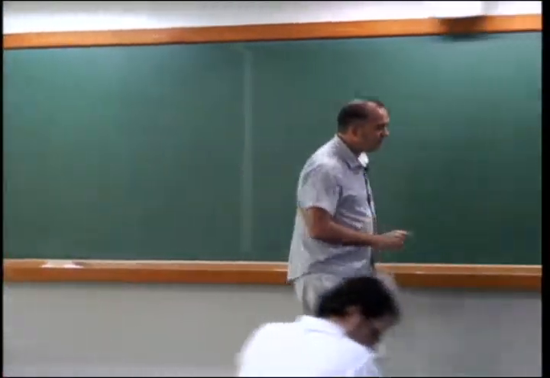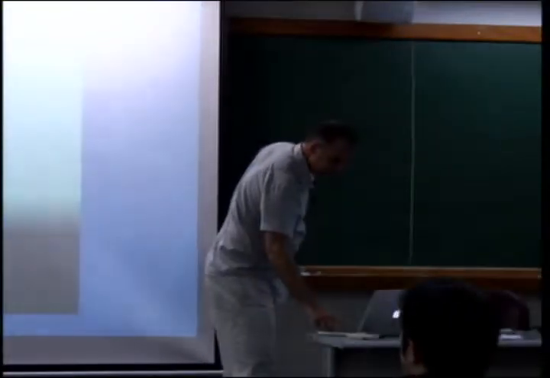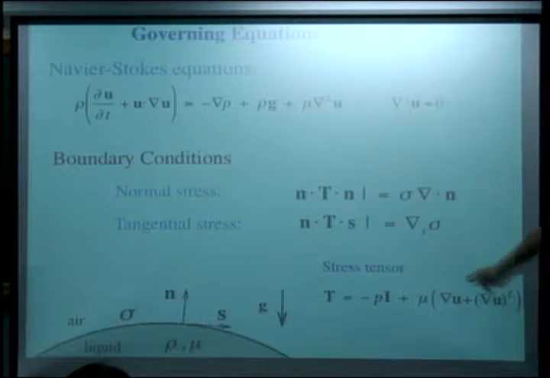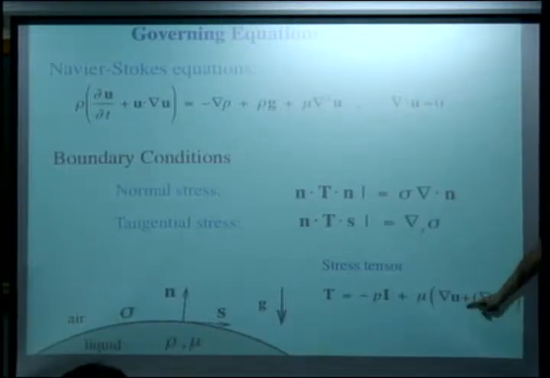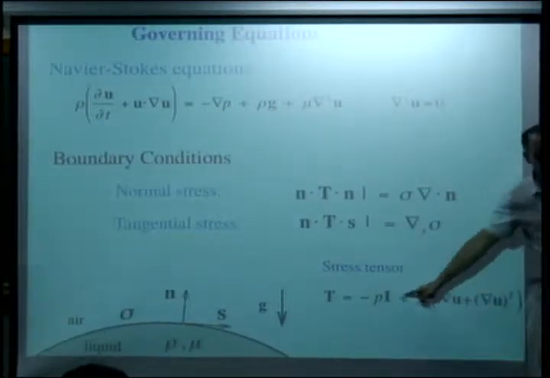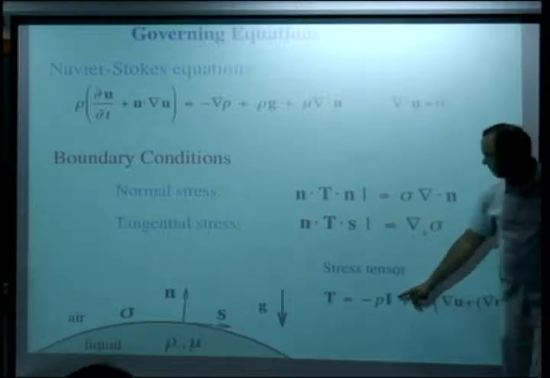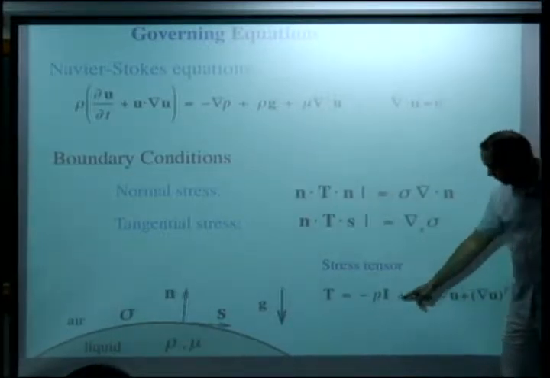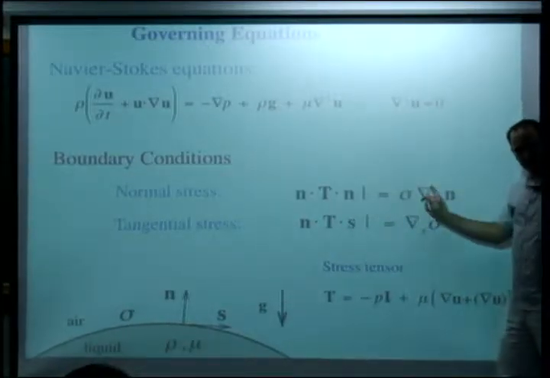If we go back to this one, let's leave the lights off, but look at these equations in the limit of a static situation. Of course, u is 0, so the stress tensor is simply given by pressure. Then the jump in normal stress is just the change in pressure across an interface.